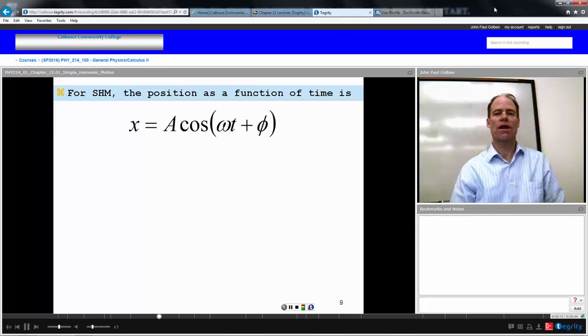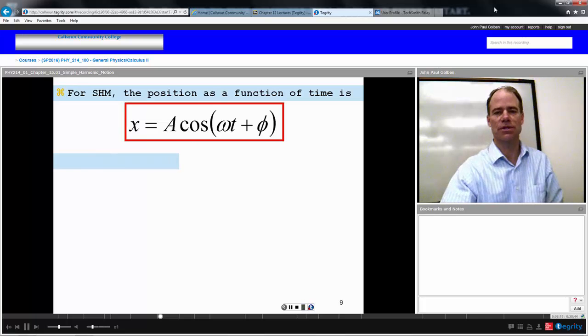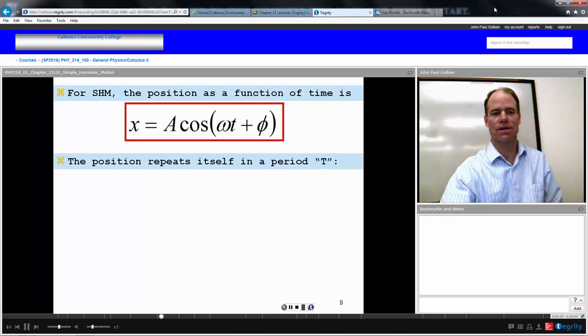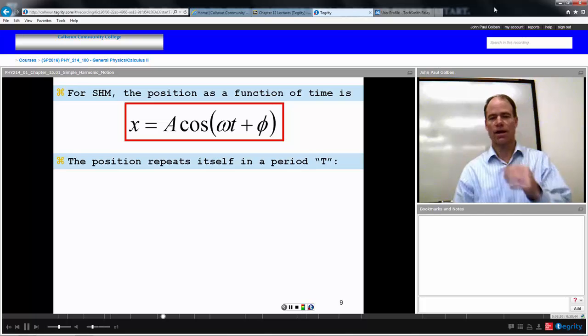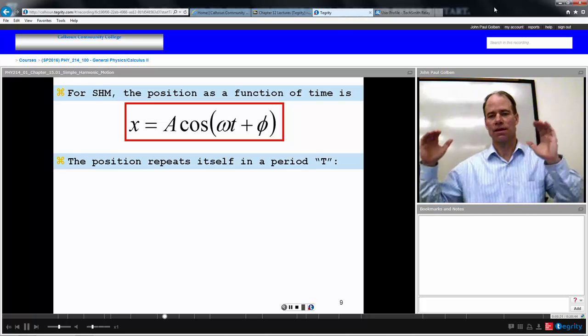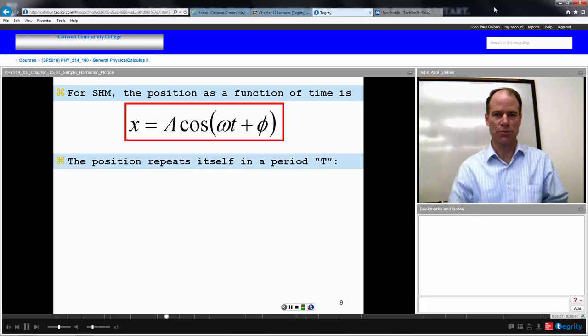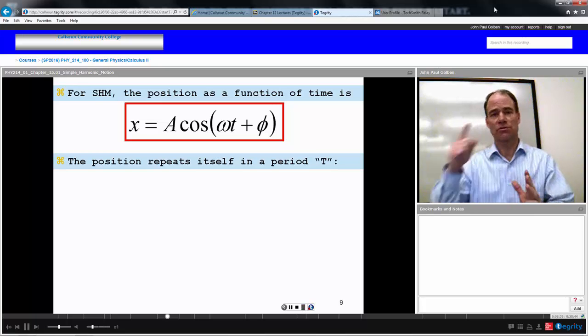For simple harmonic motion as a function of time, I have this x equals A cosine omega t plus phi. This must repeat itself in a period of time. I know that if time were to go in such a way that what's inside the parentheses of the cosine function were to increase in total phase by 2 pi, then the cosine function will repeat itself.